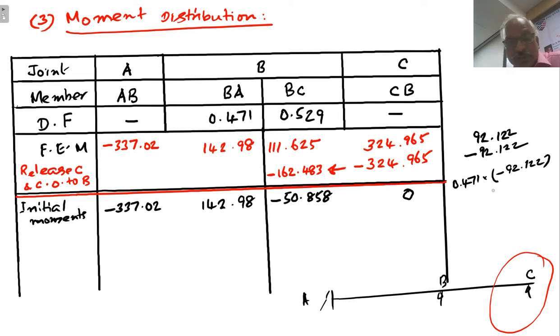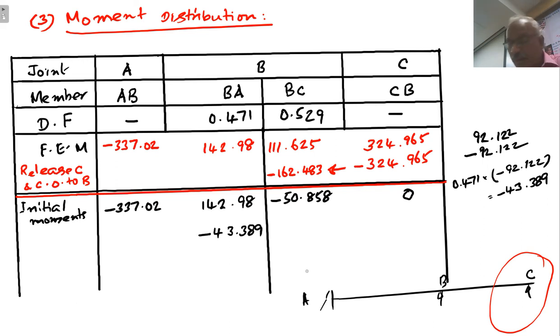What is the value? That value is equal to minus 43.389. So this value for BA is minus 43.389.